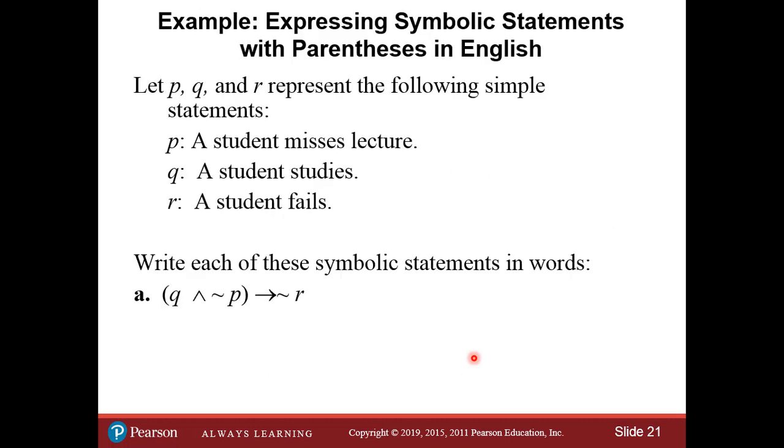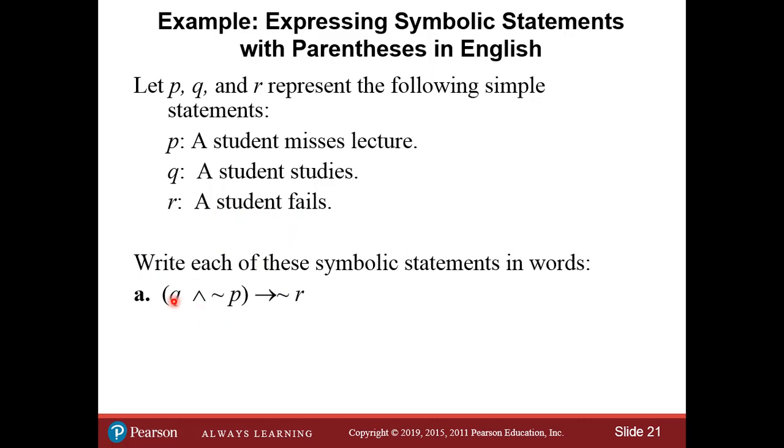Okay, now, what about this statement here? So now we have P, Q, and R represent the following statements. P is a student misses a lecture, Q, a student studies, R, a student fails. Now, what does this statement mean in English words?